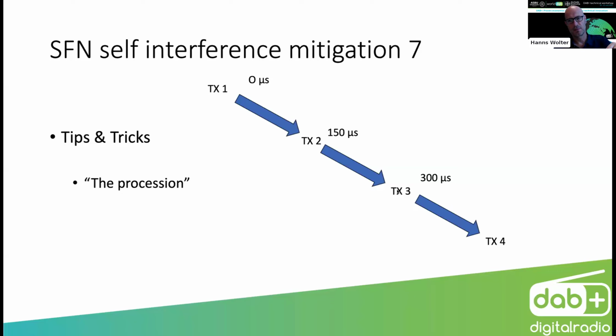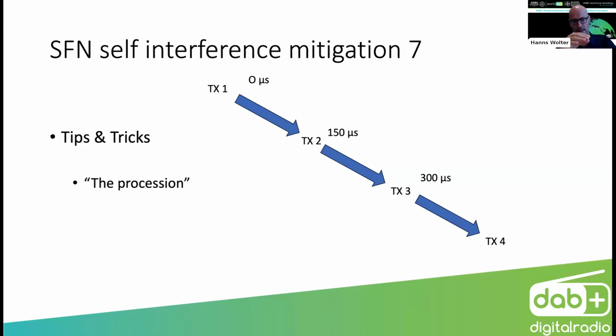So I expect from transmitter 3 not to go back to coverage area of transmitter 1. And I expect transmitter 4 not to go back to the coverage area of transmitter 2. And so the delays basically add up over time. And this is one technique which we use.